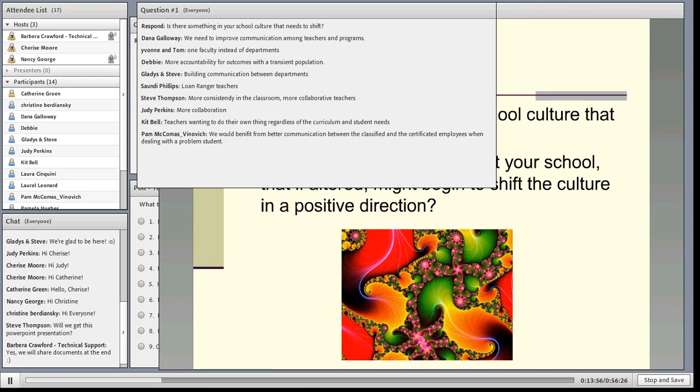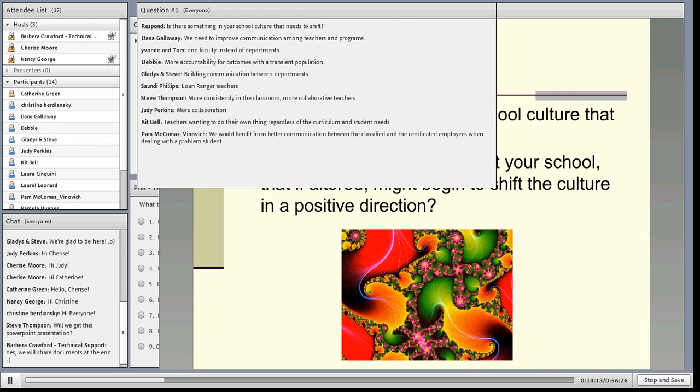Communication, as we went into our strategic planning, was a huge issue that we really had to spend a lot of time thinking about and talking about. And as I touch on collaboration later, what we did with collaboration really addressed communication.